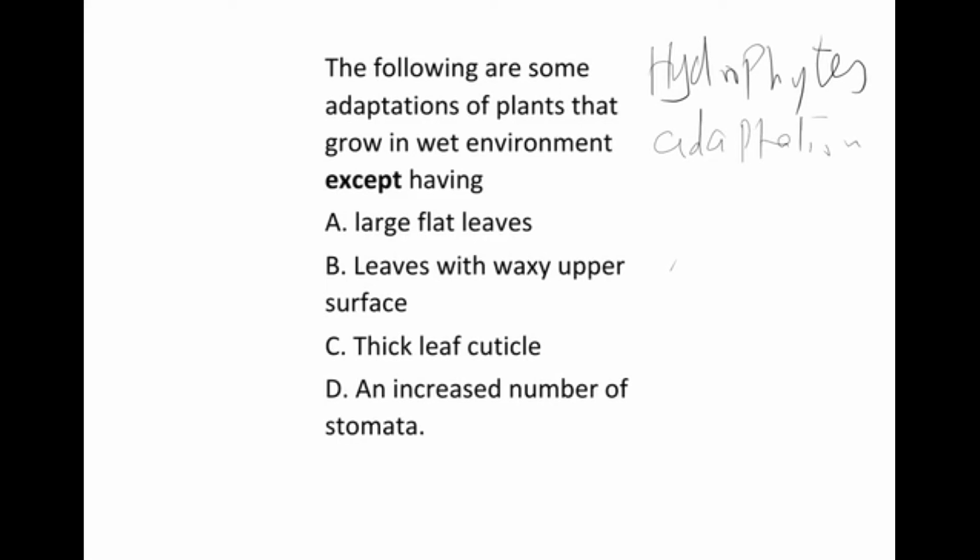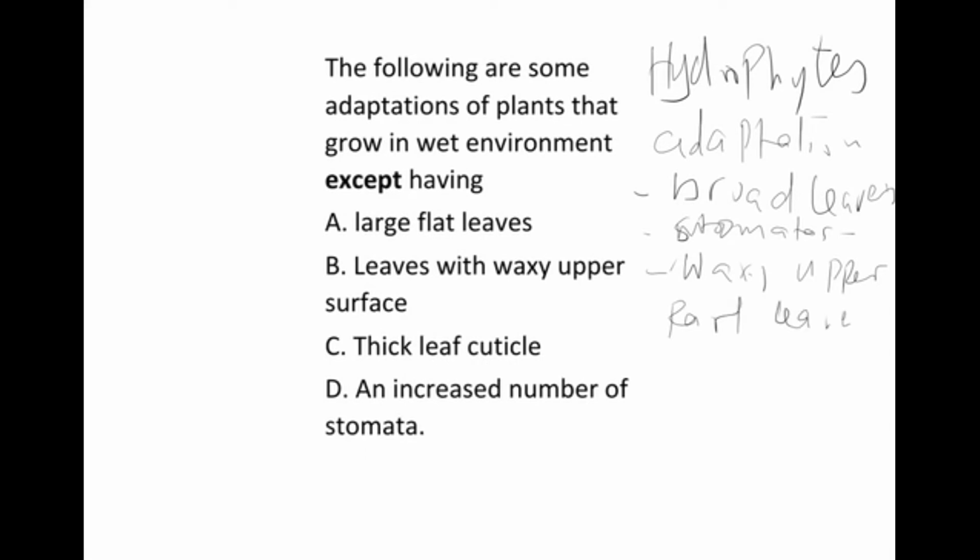One, they usually have broad leaves. The broad leaves ensure that the surface has many stomata, and these stomata enable it to lose a lot of water. They usually have a waxy upper part of the leaf. This prevents water from standing on the surface of the leaf.